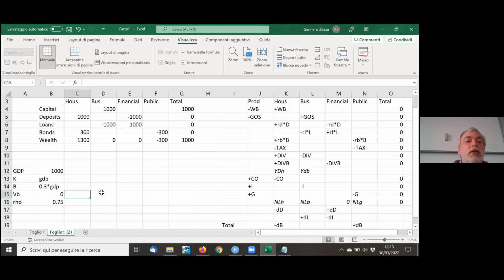So if this is our rho, then WB will be rho times GDP, and this is the negative of this, and profits will be what is GDP, that is GDP less wages.